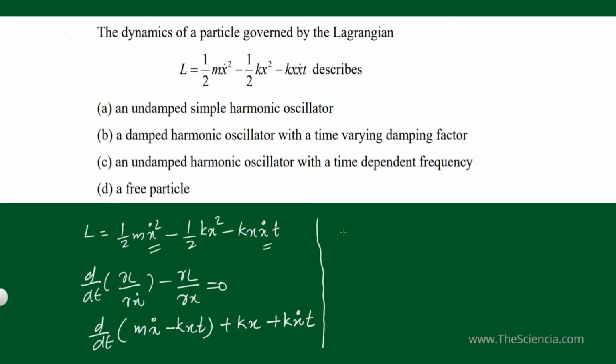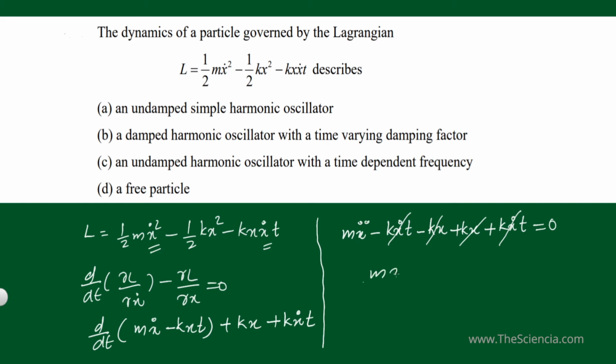That is m x double dot minus k x dot t minus k x plus k x plus k x dot t equal to 0. Here k x dot t and k x dot t cancel, and k x minus k x will cancel.